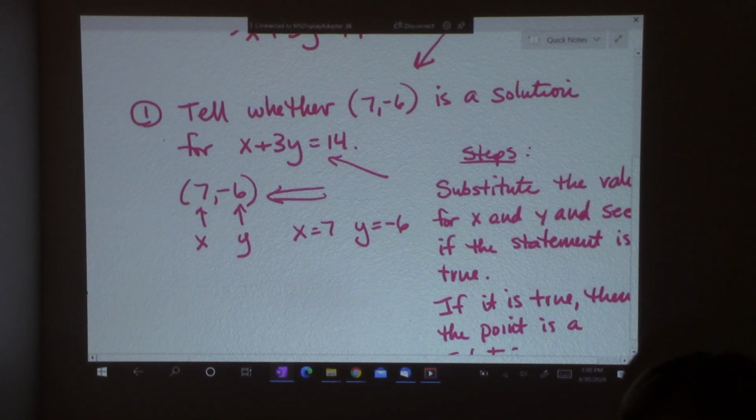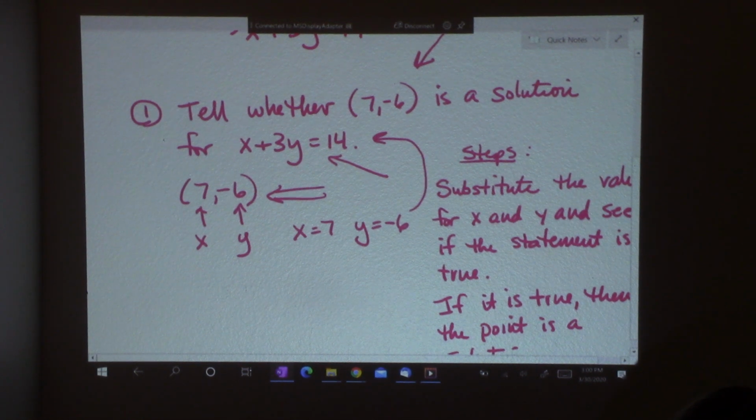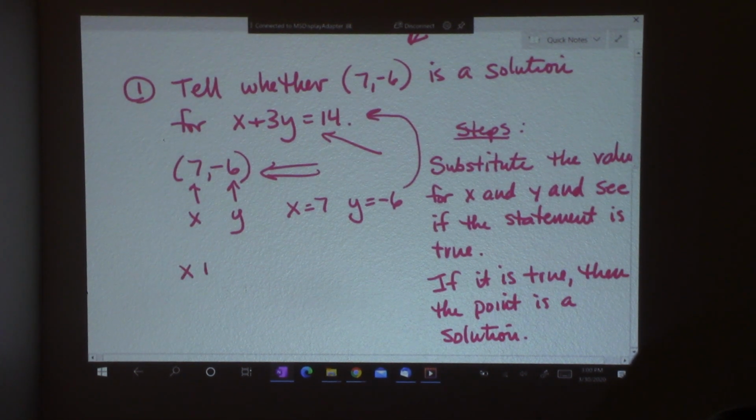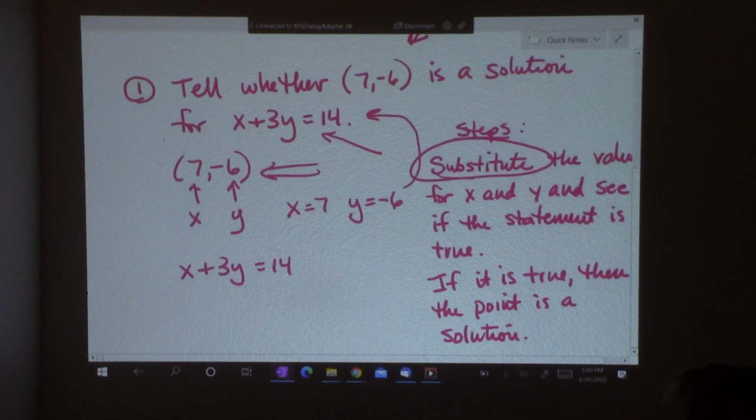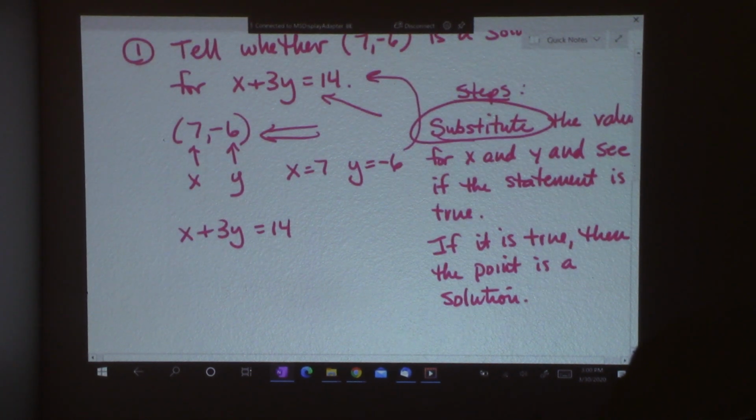And now I'm going to substitute those numbers into my equation. So I'm going to rewrite this down here. And now I'm going to substitute, like I said, in my directions there. So I'm going to put 7 in for x, and I'm going to put -6 in for y, and see what happens. Is that true?